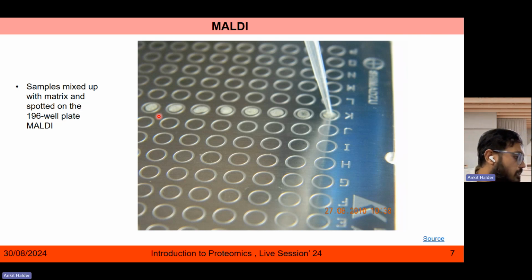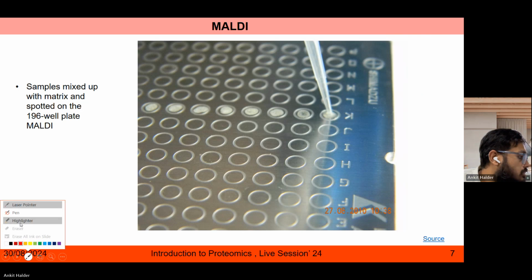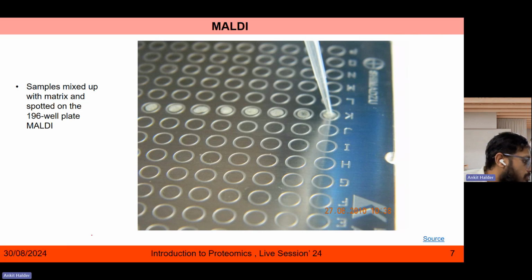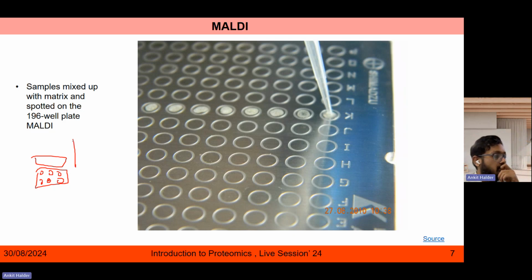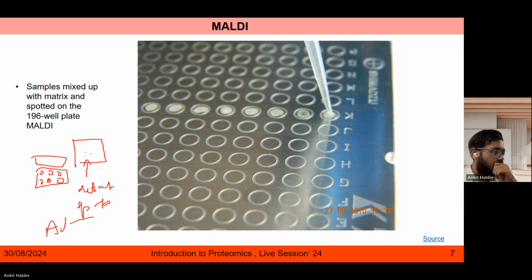So here, when you inject, for example, this is the compartment, this is your plate. Your injection goes in this chamber, and in the software you will detect the spots where you need to add the energy from the lasers.